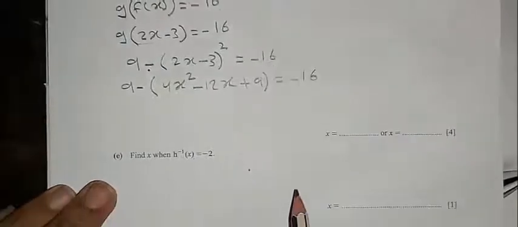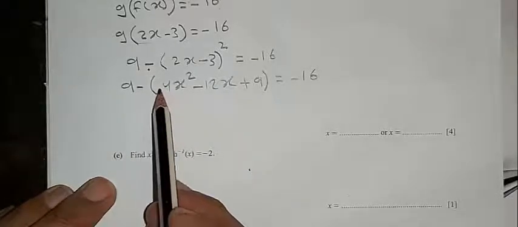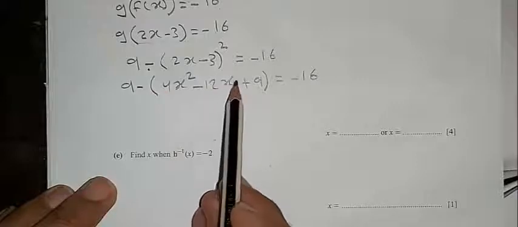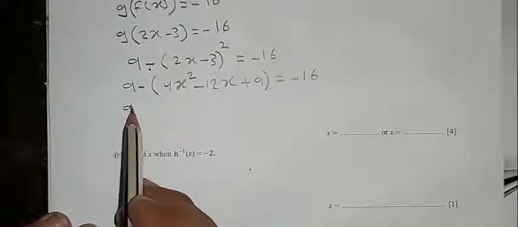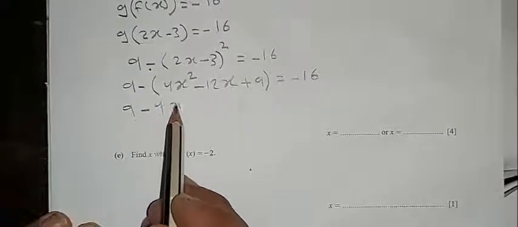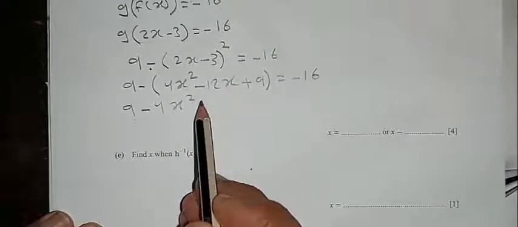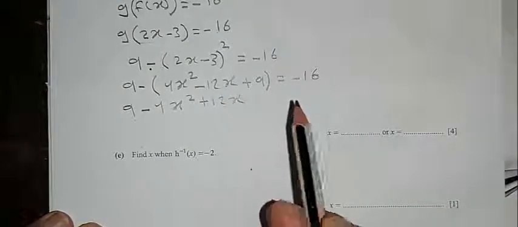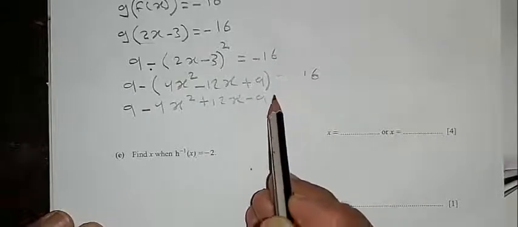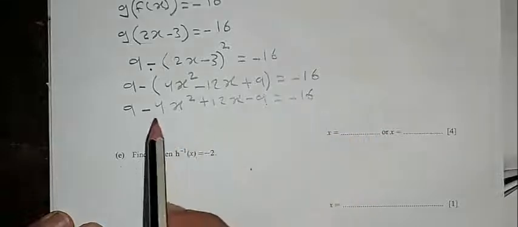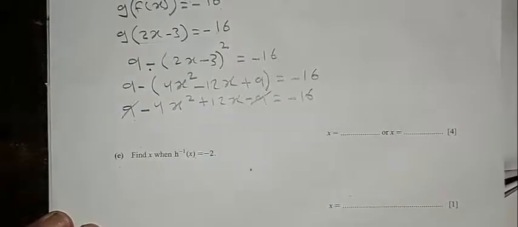Now the negative sign before the bracket will change the sign of all terms inside. So 9 minus 4x squared, the negative 12 becomes positive 12x, and the positive 9 becomes negative 9, equals negative 16. We can cancel this 9 with the negative 9.